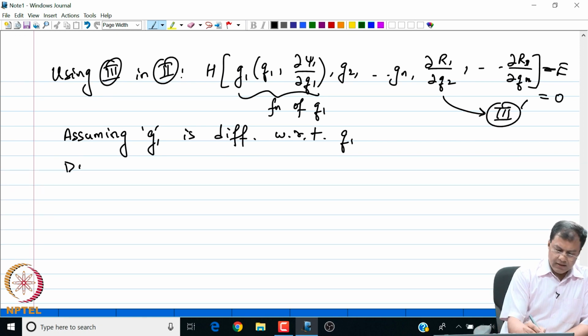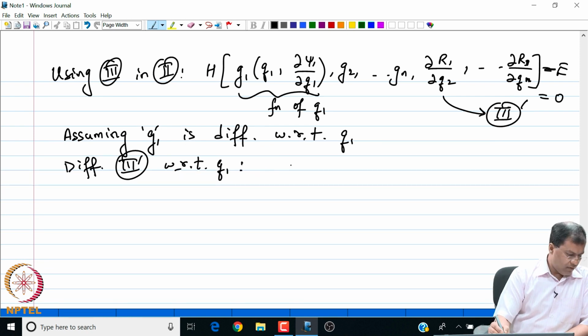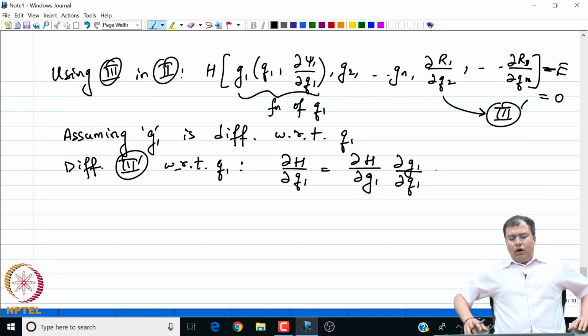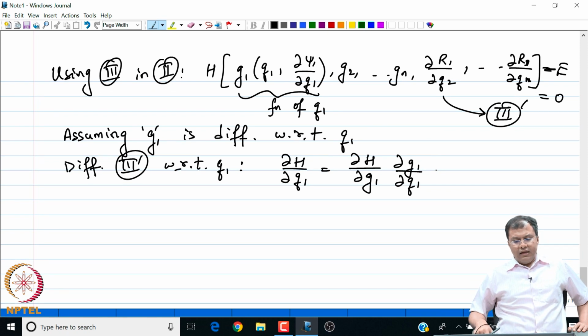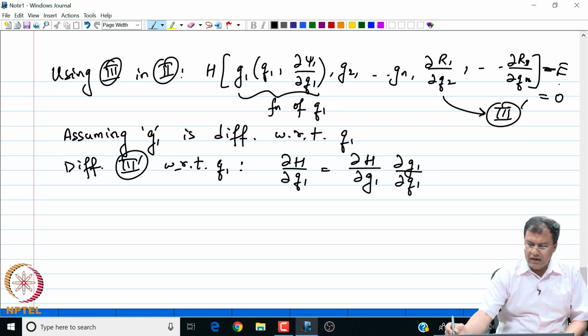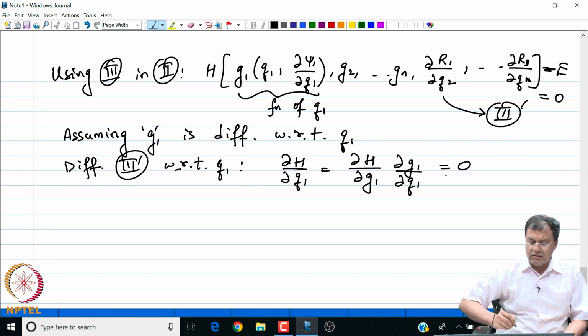We differentiate 3 prime with respect to q1. I see the following: partial h partial q1 is equal to partial h partial g1 times partial g1 partial q1, right. Okay. So, this is equal to partial E partial q1, but E is a constant, so this is equal to 0.